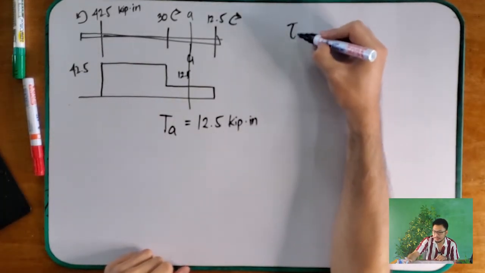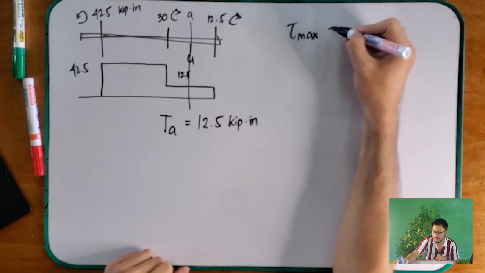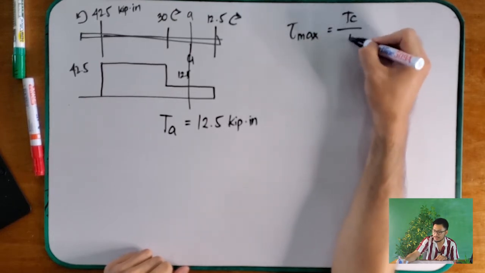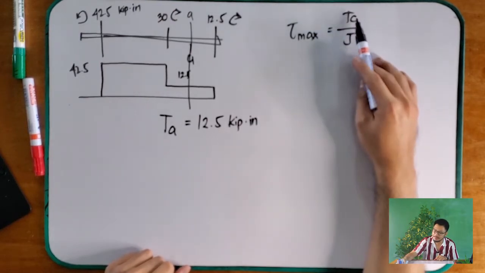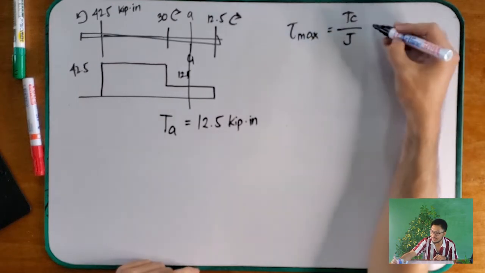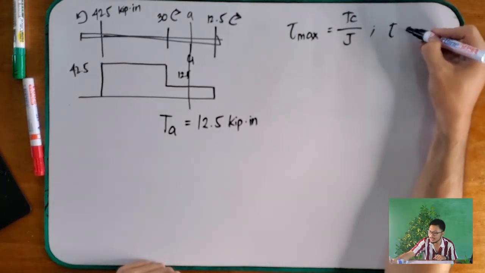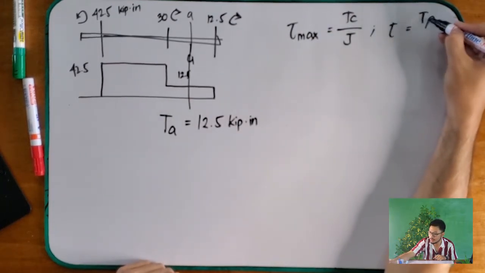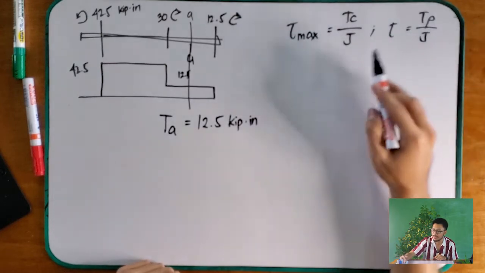Tau max is equal to TC over J. So we already have our torque, we knew our C, or we knew our rho, which is given there. Kaya diba, pwede ni siya nga tau is equal to T rho over J. Ay mo kalibog ana.